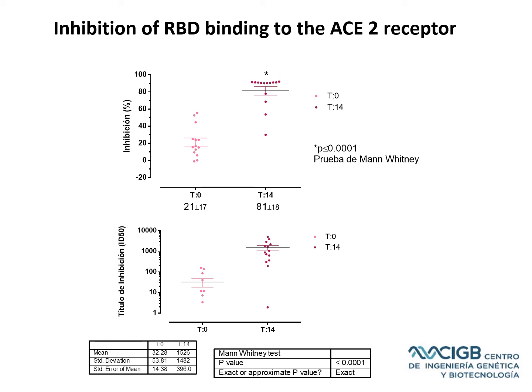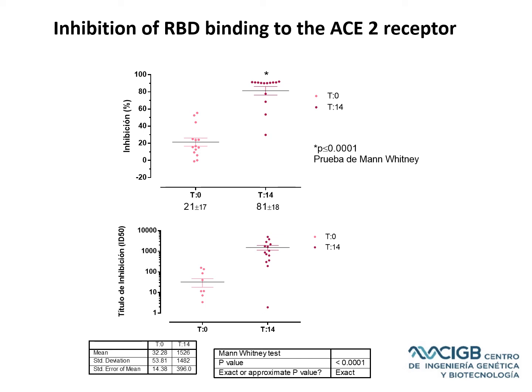In the next slide, we show the inhibition capacity of this antibody. So a functional test where we can follow the increase in the percentage of inhibition, from 21 at time 0 to 81%.